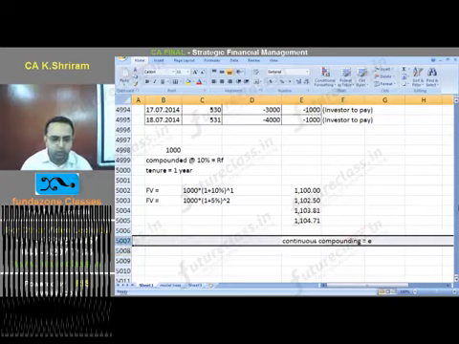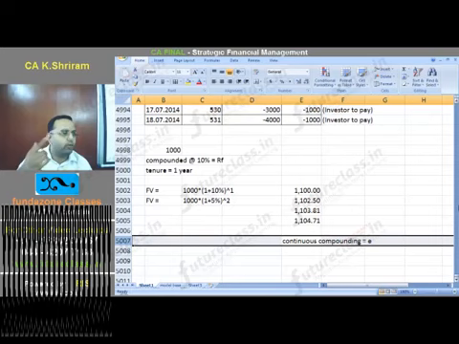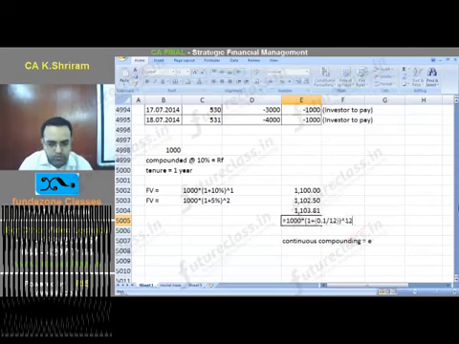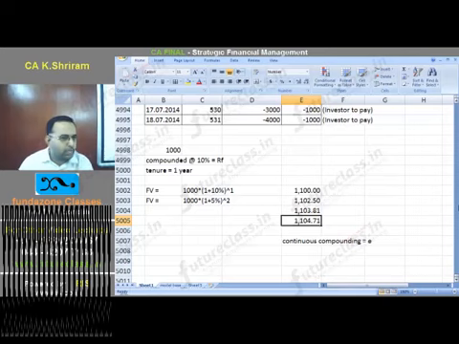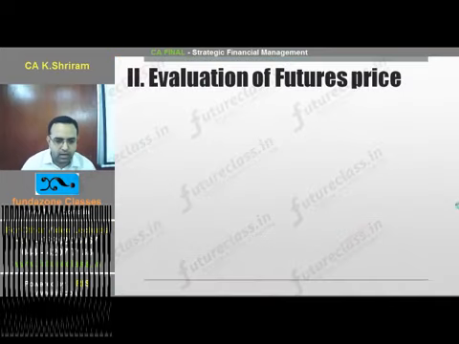And it is this continuous compounding which we'll be using now. When we say that the future value is the spot price compounded at RF, is it annual, half yearly or quarterly compounding? No. Daily, every minute, every second. Continuous compounding. In that case we can't do this calculation. Instead, we have the E formula, based on a log table, with which we find the future value if compounding happens every second. This is called continuous compounding.